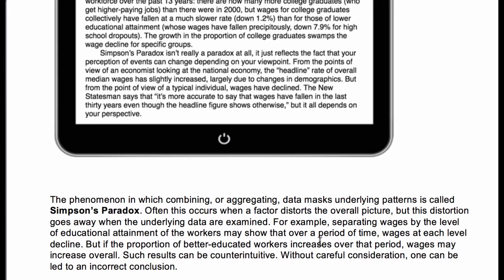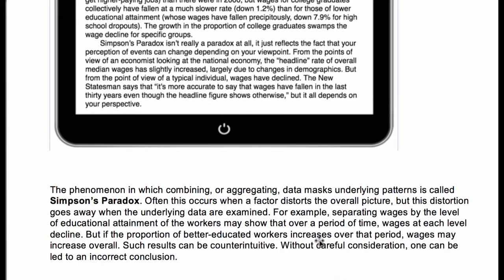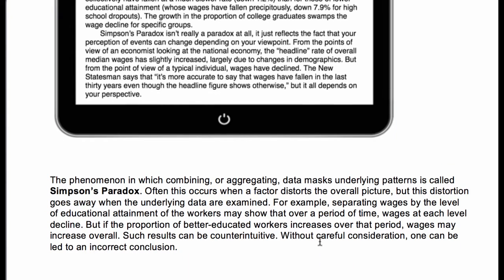The article above shows another real-life example of Simpson's paradox, in which separating wages by the level of educational attainment of the worker may show that over a period of time, wages at each level decline. But if the proportion of better educated workers increases over that period, wages may increase overall. Such results can be counterintuitive. Without careful consideration, one can be led to an incorrect conclusion.